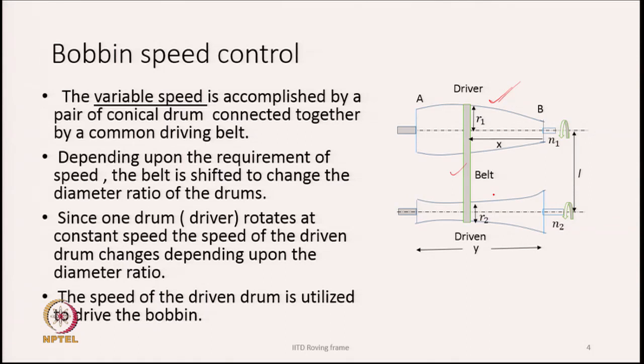The speed of the driven drum is utilized to drive the bobbin. So, the speed of the driven drum, in this case the bottom drum, keeps on changing depending upon the location of the belt, and this speed is then fed to the differential gear to change the speed of the bobbin.